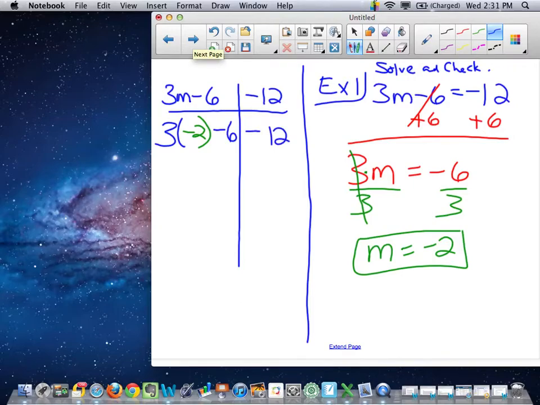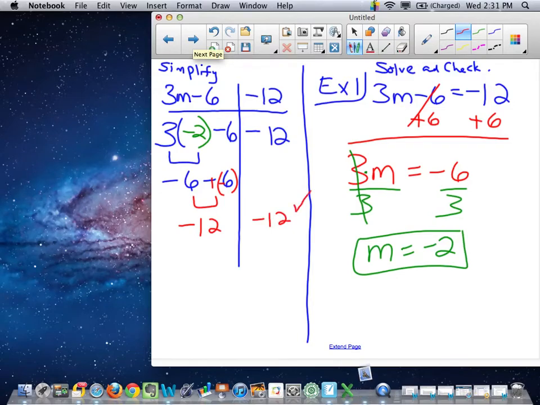Remember, over here I'm simplifying, so I have to use PEMDAS. 3 times negative 2 is negative 6, minus 6. Keep, switch, switch, and I get negative 12. Is that what's on the right side of the t-chart? Yes, it is. So I did a good job.